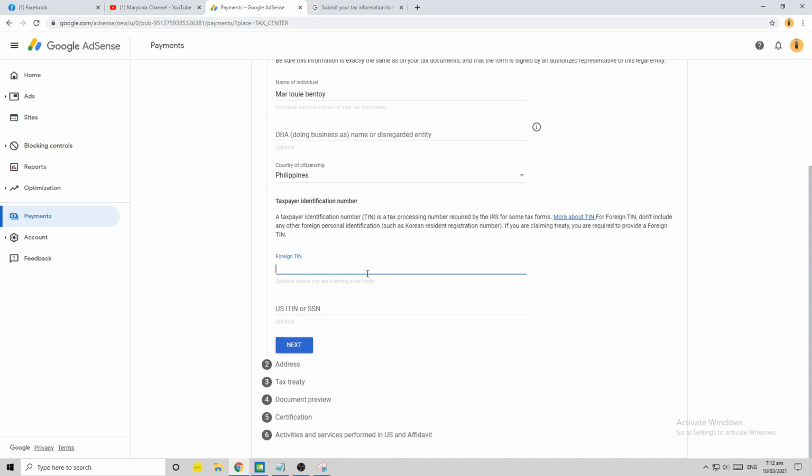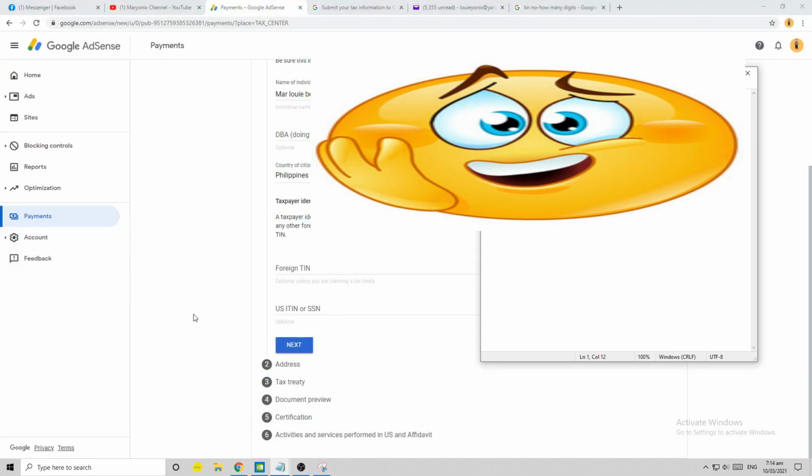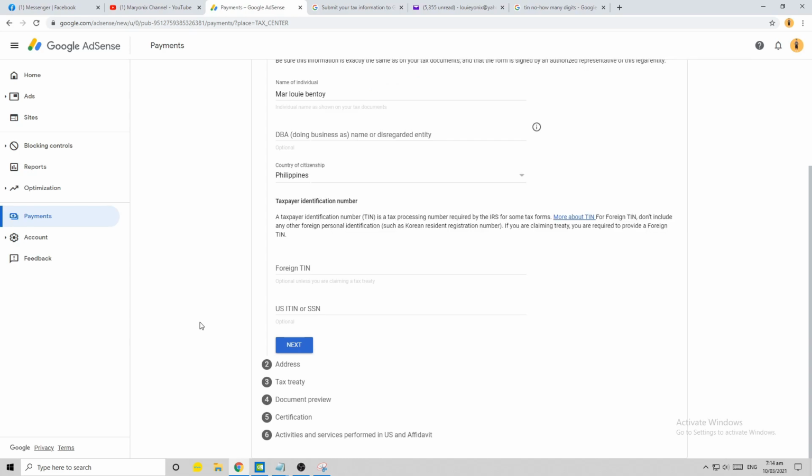Well, I do have my TIN number. It's just that I forgot where I put it. Hang on just a second. Hey guys, so I do have my tax identification number, TIN. The TIN number consists of 9 numbers.